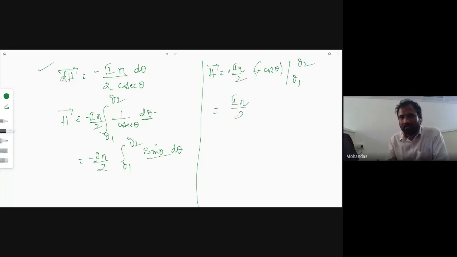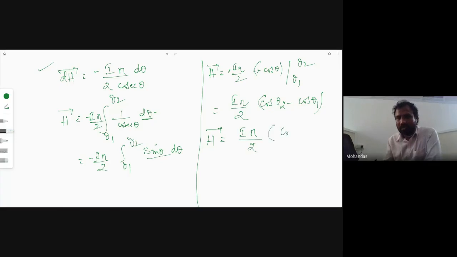So I n by 2, let us substitute these angles here: cos theta 2 minus cos theta 1. Right? So finally, H equal to I into n divided by 2 into (cos theta 2 minus cos theta 1).